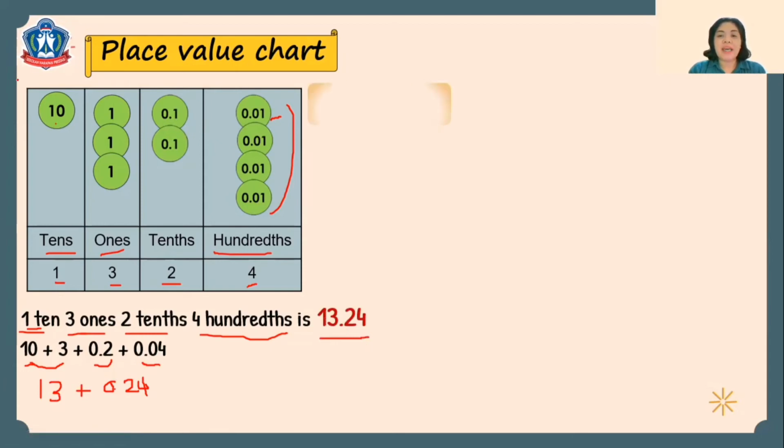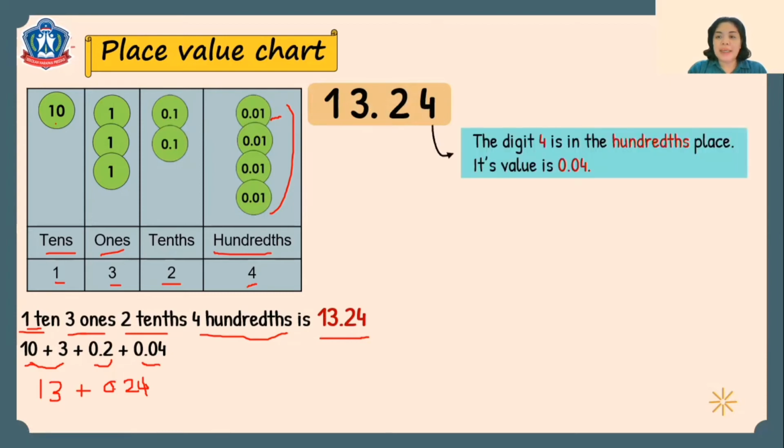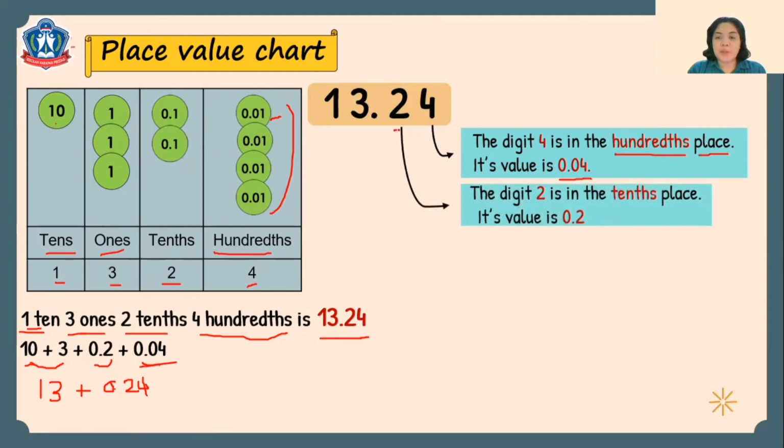13.24. So the number 13.24, look at the digits. The digit 4 is in the hundredths place, and the value is 0.04. How about the digit 2? The digit 2 is in the tenths place, and the value is 0.2.